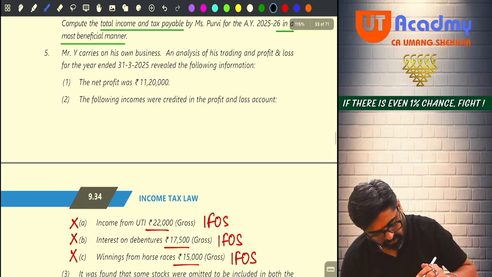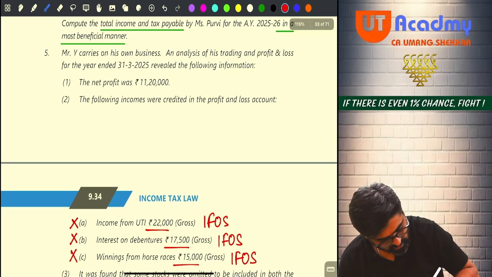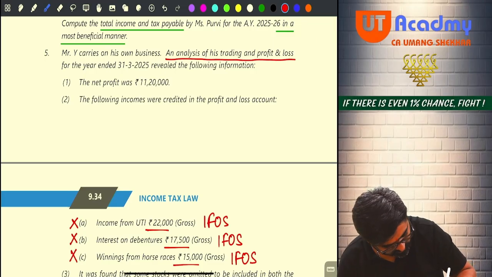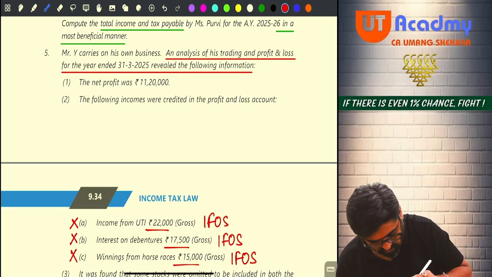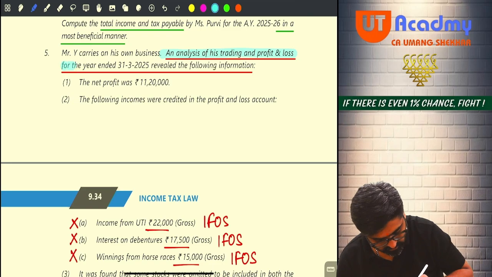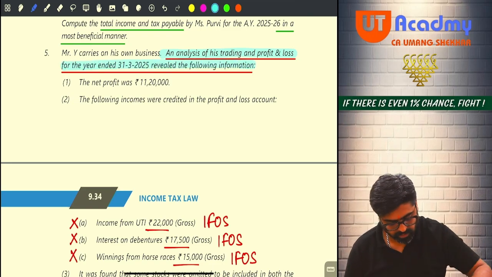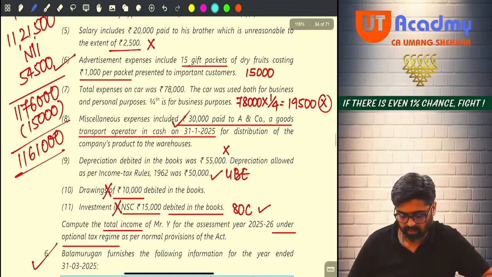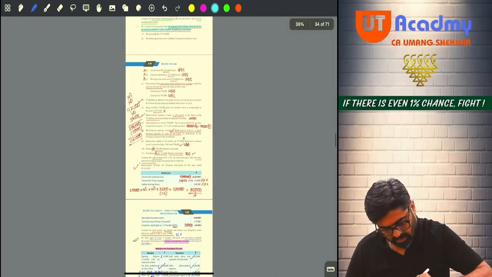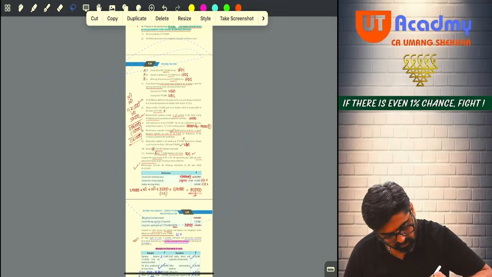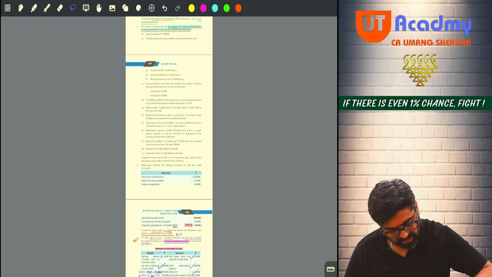Because see, in the first line they are saying analysis of his trading and P&L revealed the following information. Meaning that whatever is given from point number 1 to point number 11, everything is from P&L account only.